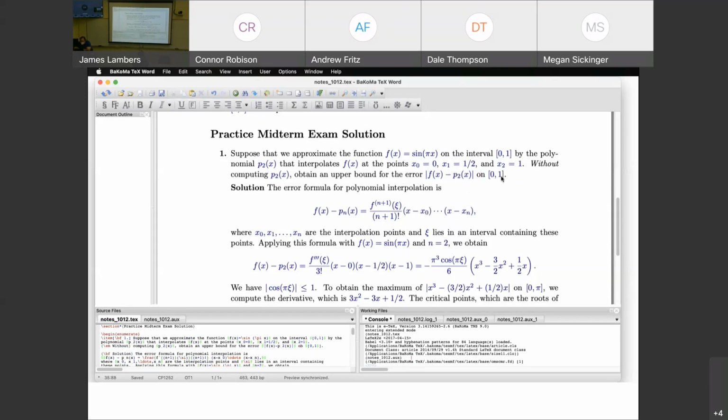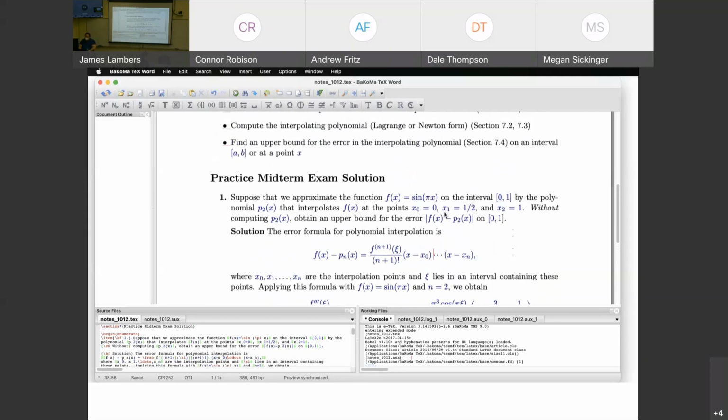If it asks for the error of the interpolating polynomial at a single point, then you would plug that x value in for x. But c is still an unknown point that can be any point within an interval containing all the interpolation points. So that's important to keep in mind, the distinction between c and x.